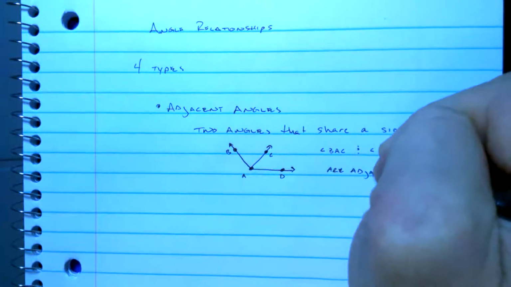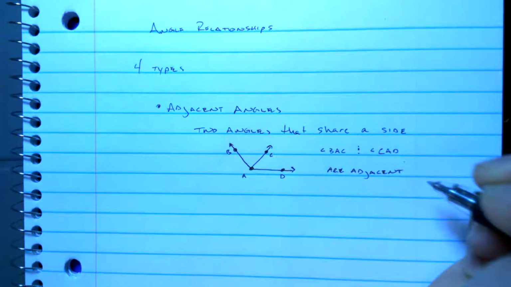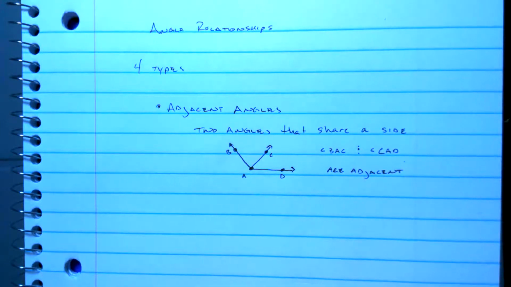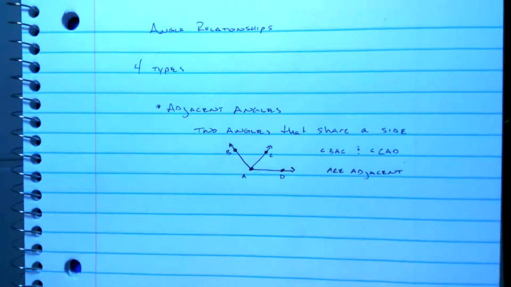That's all well and good, but it doesn't help us mathematically. I can't do anything with that information. I just know that those two angles are sharing a common side.